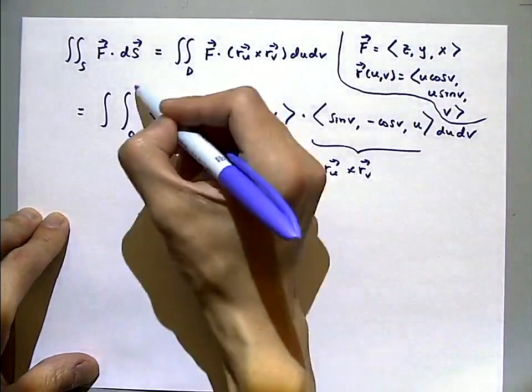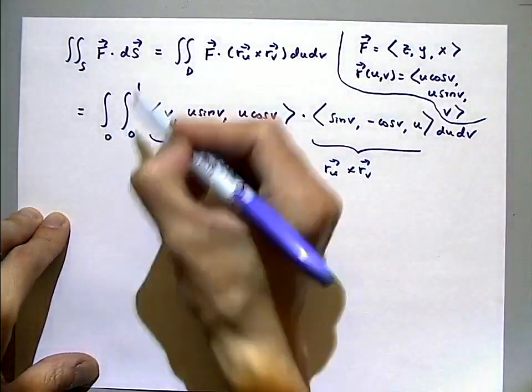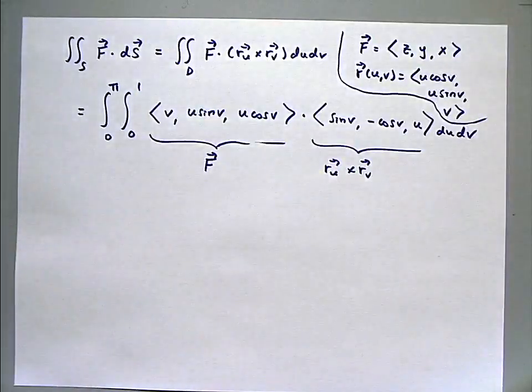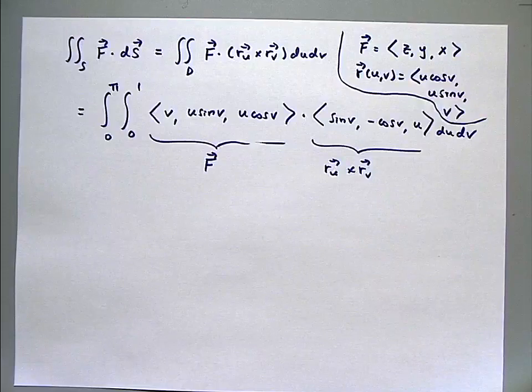So this will be 0 to 1, and then 0 to pi in our case. Right? Okay, then you start.